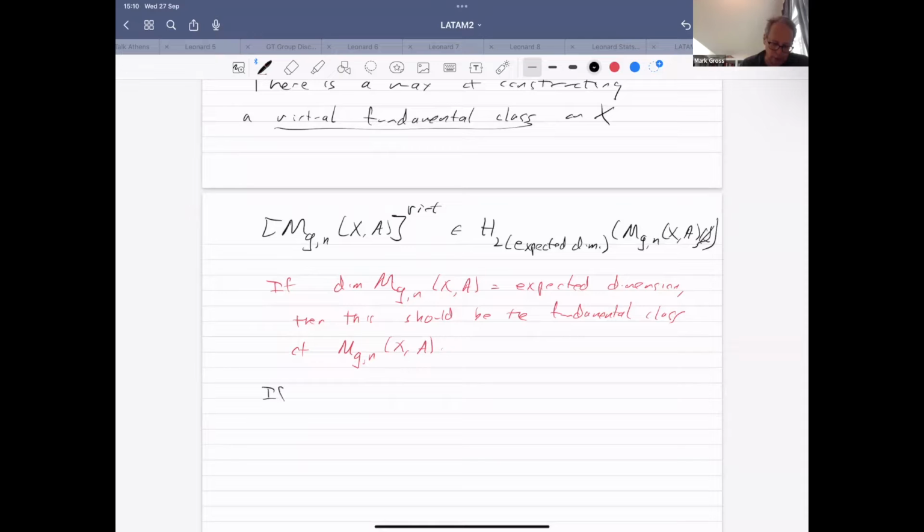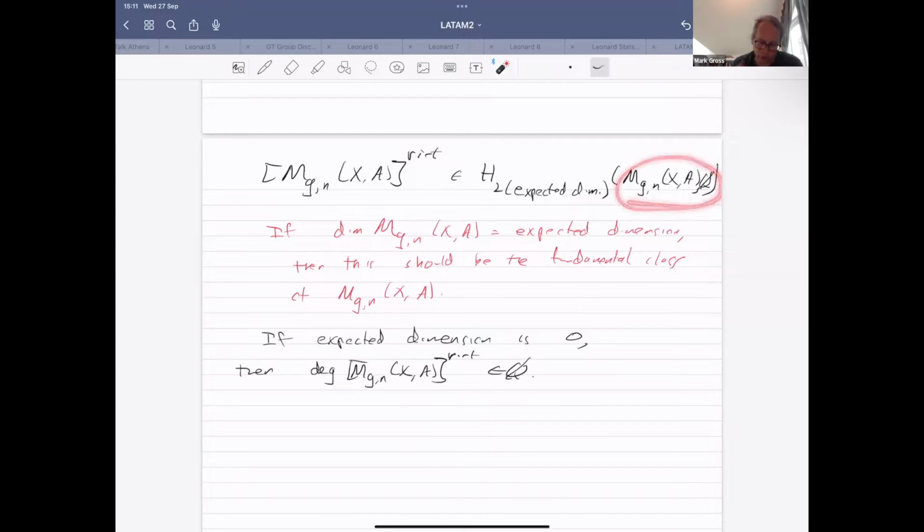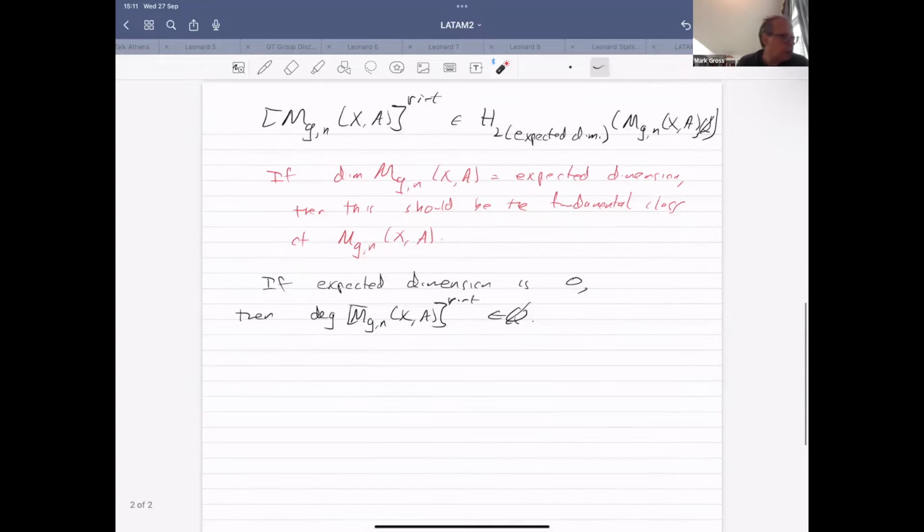So if the expected dimension is 0, then the degree of this virtual fundamental class is just a rational number. And this rationality, rather than being integer, tends to show up because these moduli spaces are Deligne-Mumford stacks, like orbifolds, rather than schemes or varieties.